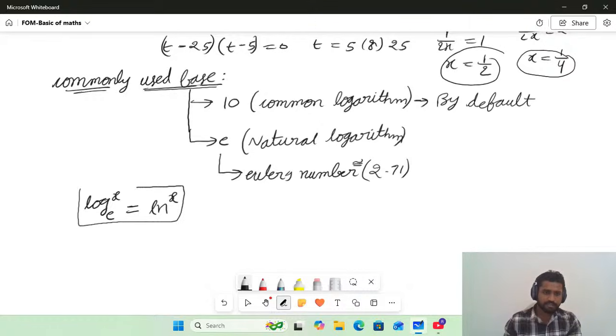Log x with base E, shortly we can write it as ln x. Clear till now? So 10 and E are the commonly used bases, and log x with base E we can write as ln x.